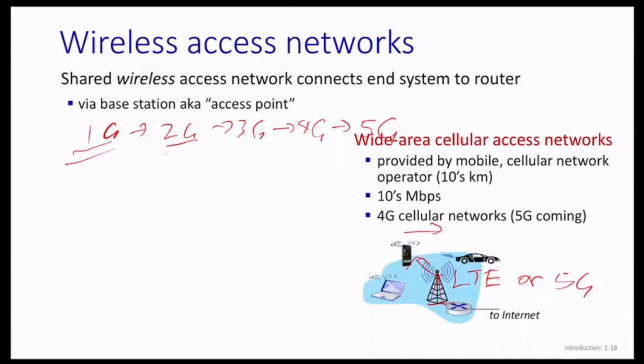For 2G, it used TDMA, and sometimes FDMA. FDMA is frequency division multiple access, and here TDMA is time division multiple access. I introduced these two things earlier.